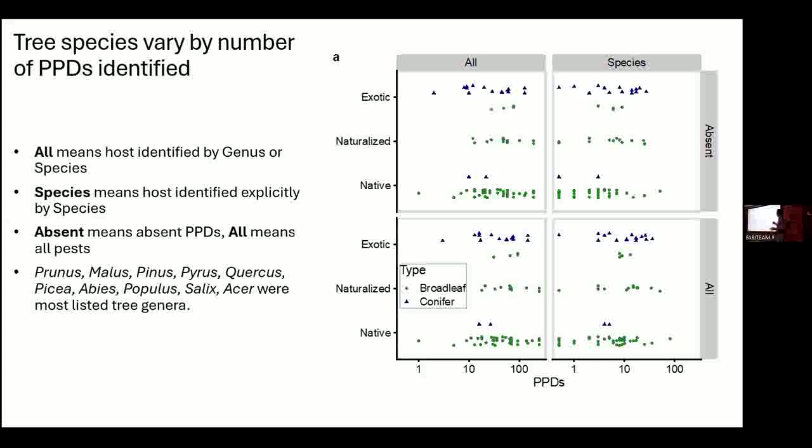We looked at both cases where a pest is thought to affect a genus, and cases where it was specifically listed as a pest of a particular species of tree. So it gives you an idea of the distribution of pests and diseases for different tree species, which might be exotics or naturalized in the UK or native species.